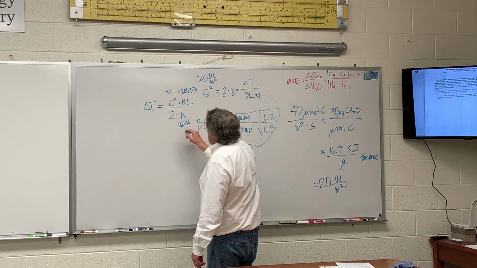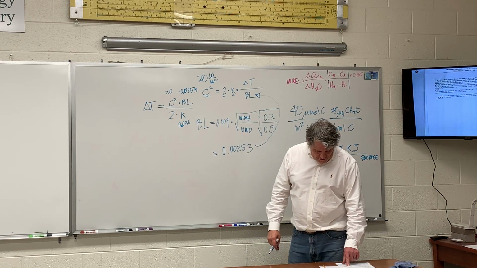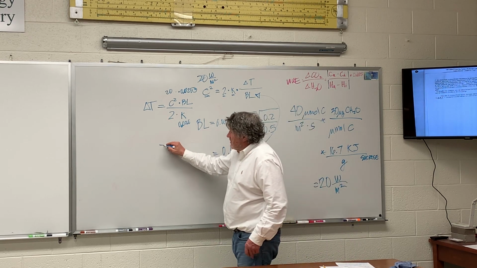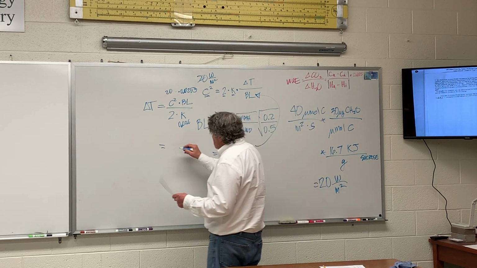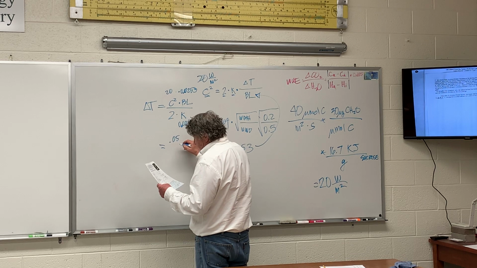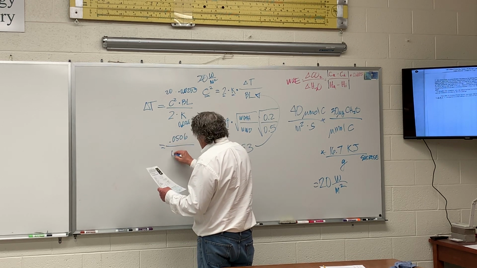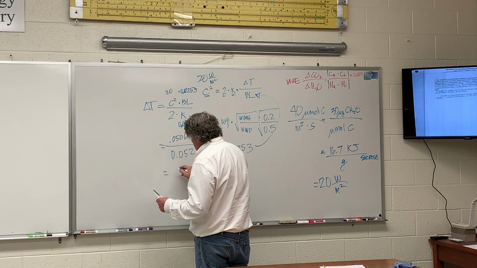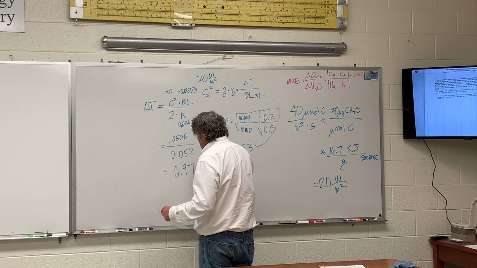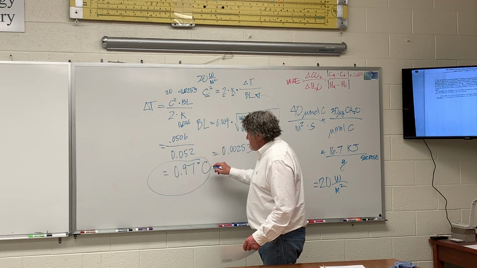And now we just have four numbers, and we get those together, this comes up 0.0506 over 0.052, and the answer is 0.97 degrees C for delta T.